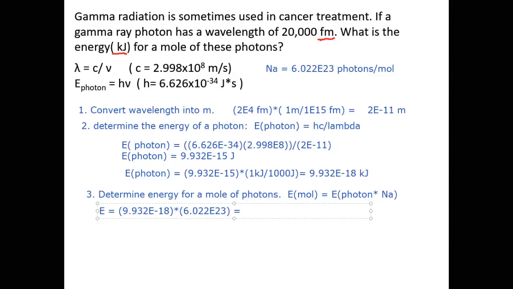And we get about 5.98 times 10 to the 5th kilojoules. It's about 598,000 kilojoules. It's a very intense beam. And so that's the answer in kilojoules.